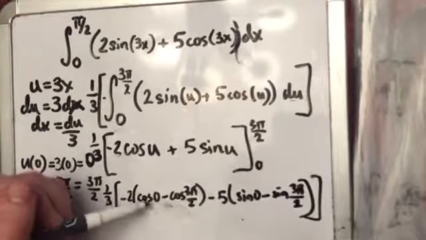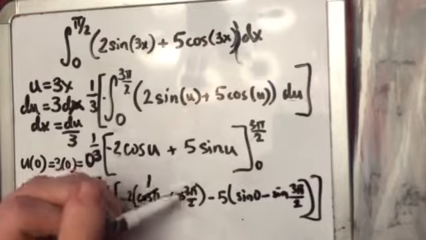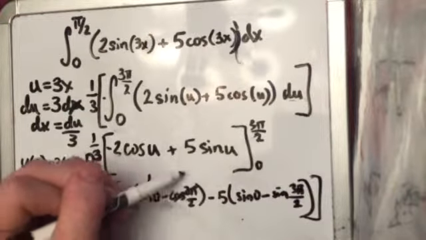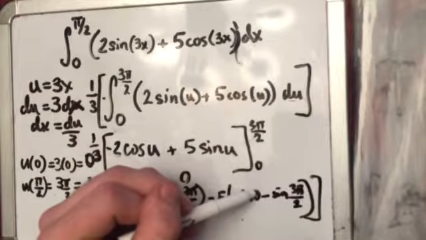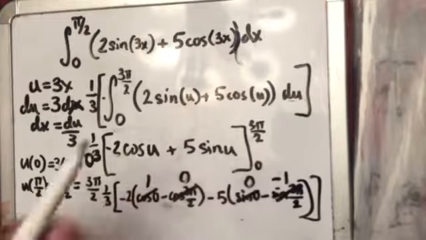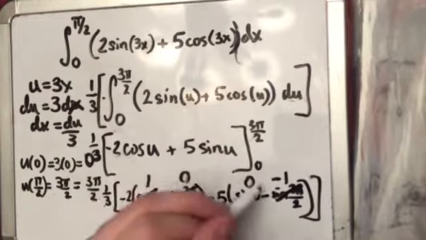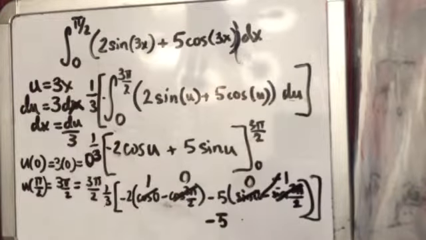And so cosine of 0 is 1. Cosine of 3 pi over 2 is 0. Sine of 0 is 0. Sine of 3 pi over 2 is negative 1. So that negative cancels out, so it's minus 5.